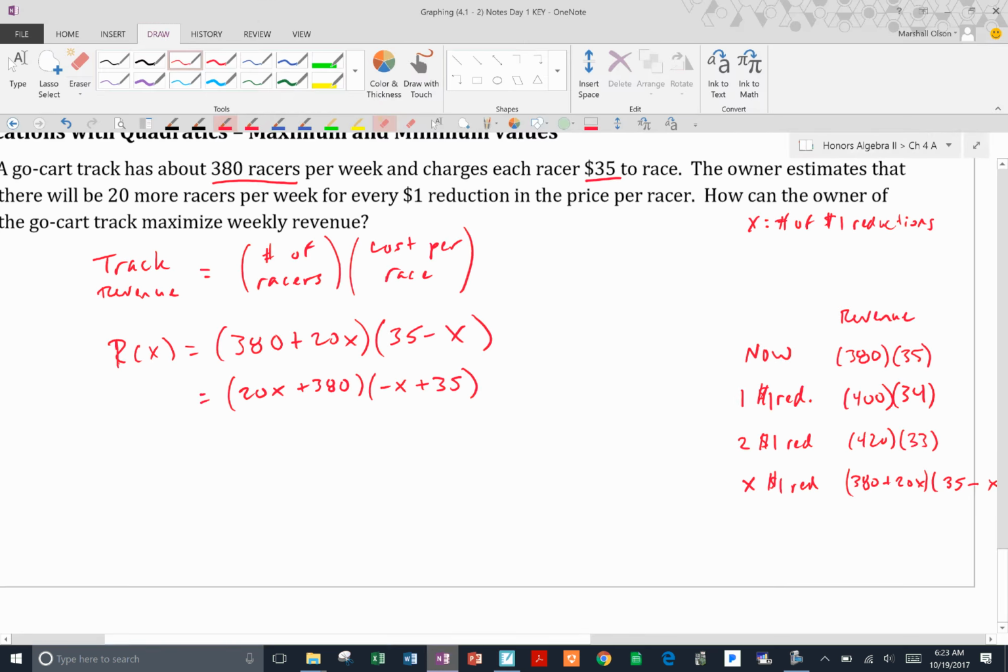And what's going to happen, and we can tell right now, is we're going to have negative 20x squared as our leading term. And then 20 times 35 is 700, so we're going to have 700x. And then negative 380x. And then 380 times 35, still not open.